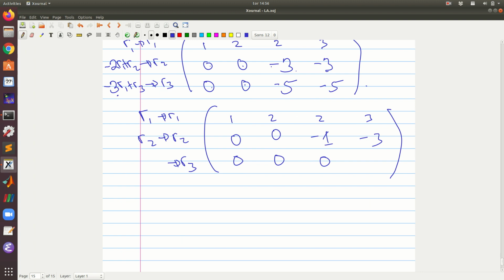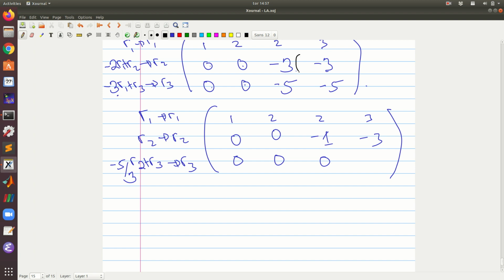So we multiply times negative 5 over 3, row 2 plus row 3, and then we put the result in row 3.